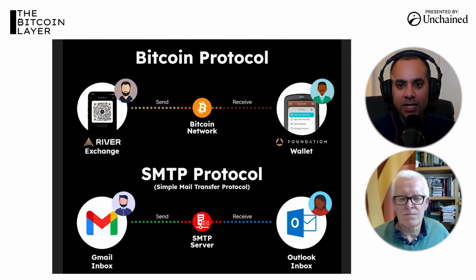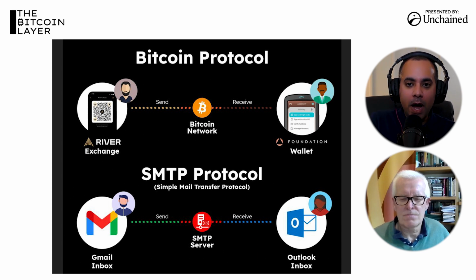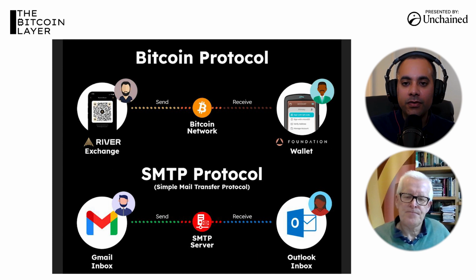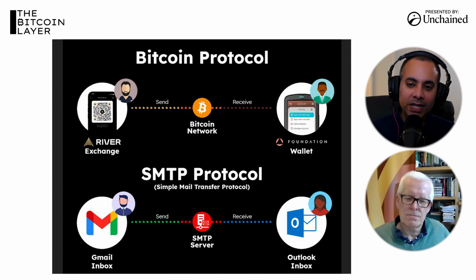We're still using SMTP because it understands that I will share an address with you and you will be able to send data to me. And only with my password and address combination via the SMTP protocol can I access the messages that are being sent. So really, email is a much better analogy.